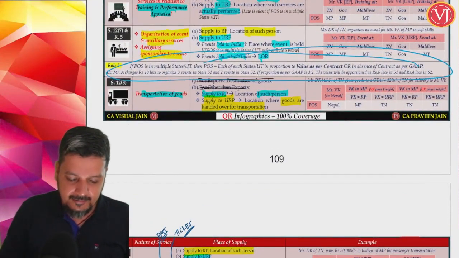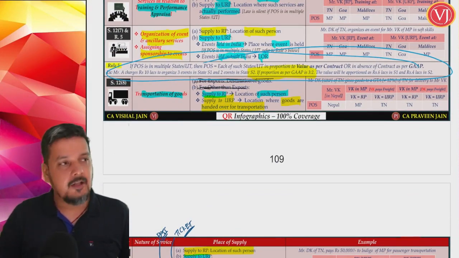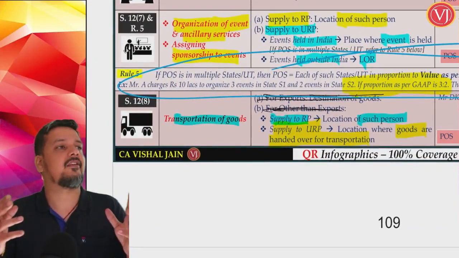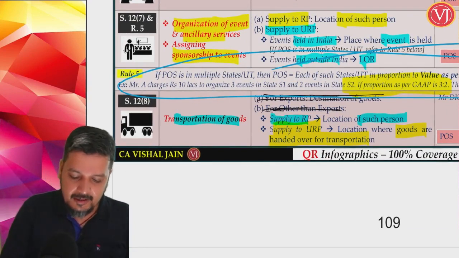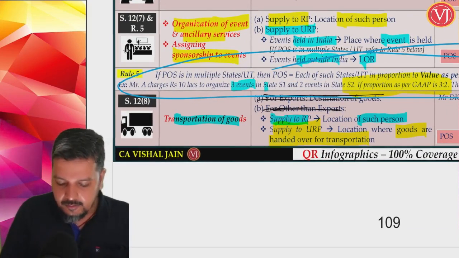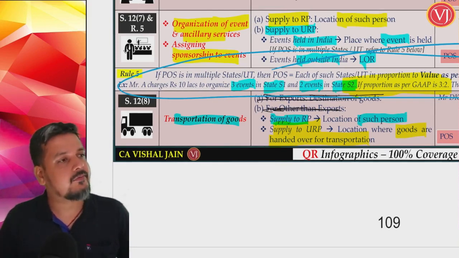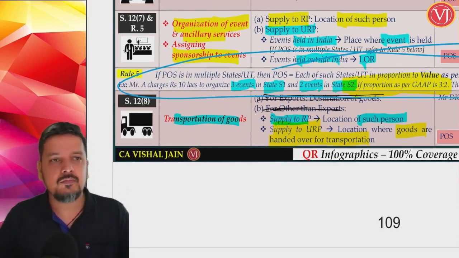Rule 5 tells that it is on the basis of generally accepted accounting principles. If there is an event in 2 states, and there are totally 3 events in state 1 and 2 events in state 2, what will be the logical bifurcation? 3:2.